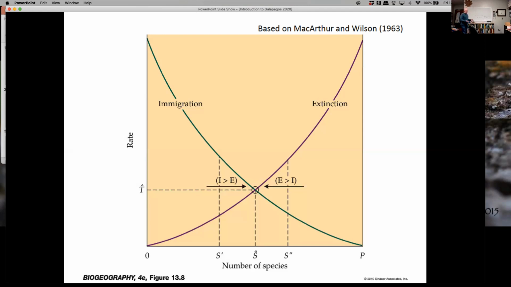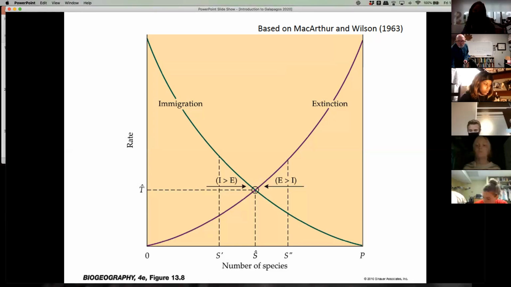And then what's on the y-axis? Somebody else. The rate. Okay, rate. And rate of what? Extinction or immigration. Rate of either extinction or immigration.